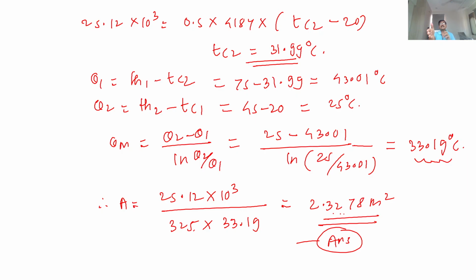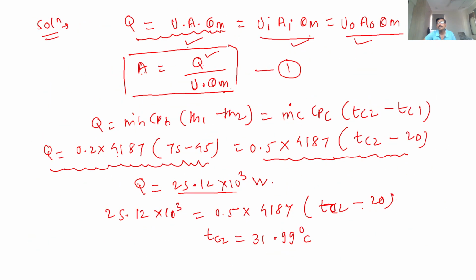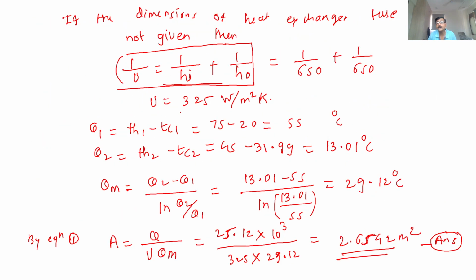In the last problem, how much heat did we need to transfer? 25.12 into 10 raised to 3 watt. In the counterflow case it is also the same heat. But to transfer this same heat, the area for the counterflow heat exchanger is 2.32 meter square, whereas in the parallel flow heat exchanger it is 2.65 meter square. So definitely counterflow heat exchangers are beneficial as compared to parallel flow heat exchangers in industry.